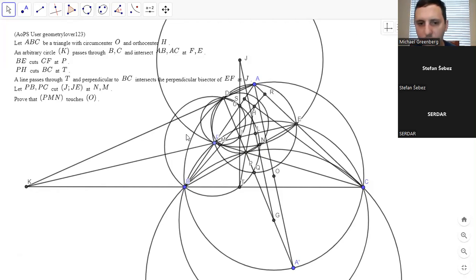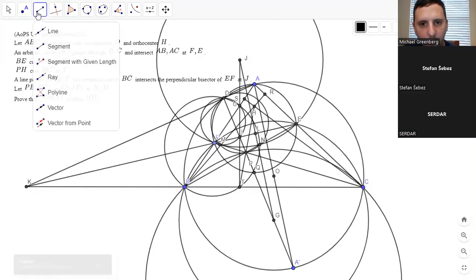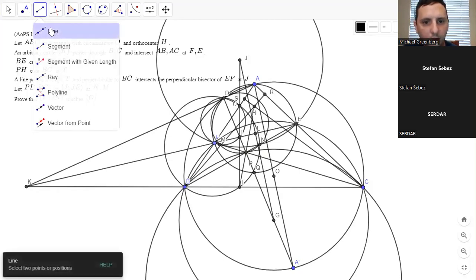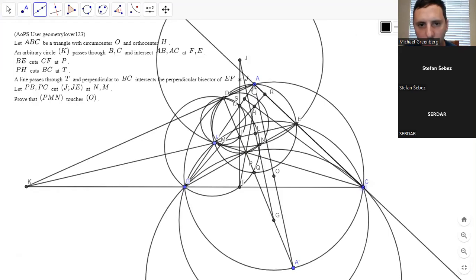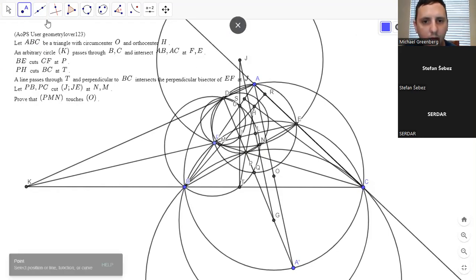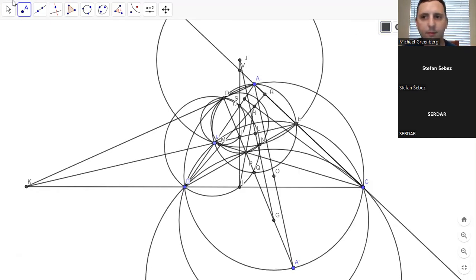Can you also define V, similar to U, the intersection of TJ with AC? TJ with AC. Yes, one sec. So this is V. Whoops.